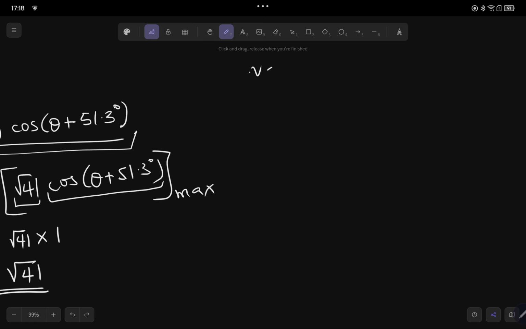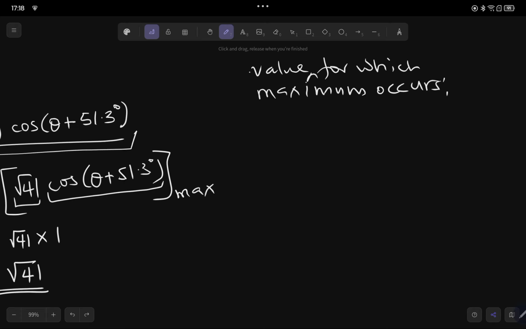For the value of theta for which the maximum occurs, cos of theta plus 51.3 degrees should give us positive 1.